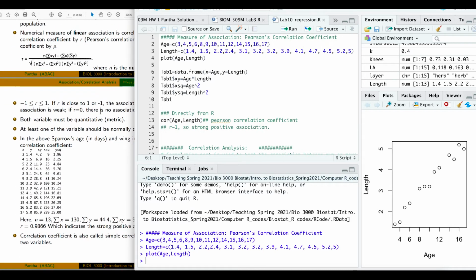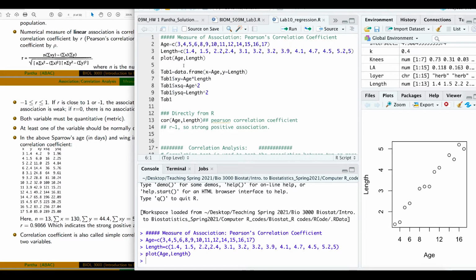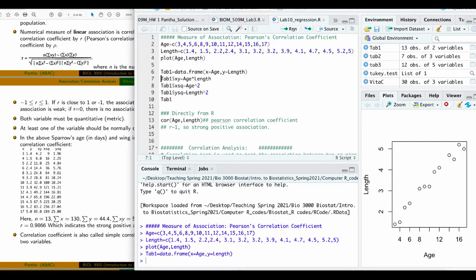Now I am trying to write that age and length in column format, and I want to name the age x. I'm writing data.frame, and inside the parentheses, x equals age and y equals length. That will put the x and y in column format.